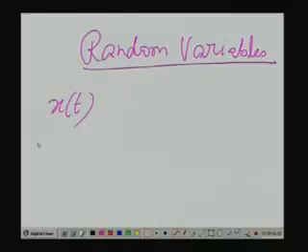Here t is a member of a particular set. Often this t is a continuous valued parameter, meaning t is a member of the set of real numbers, the real line. Then for each t, this x of t gives us another real number.